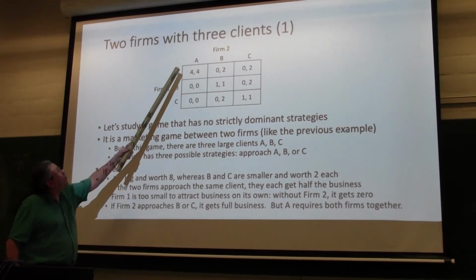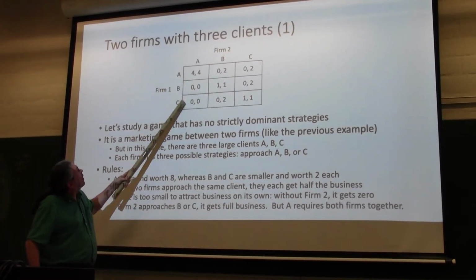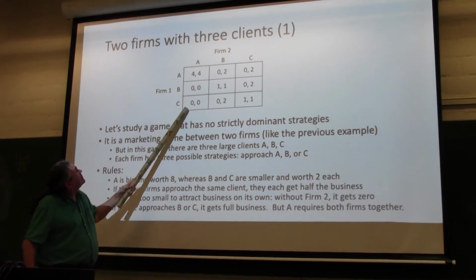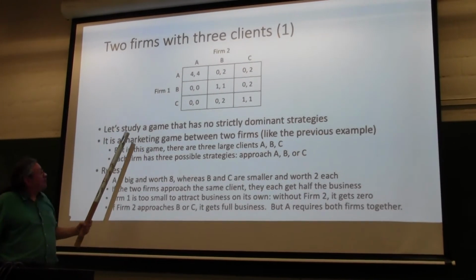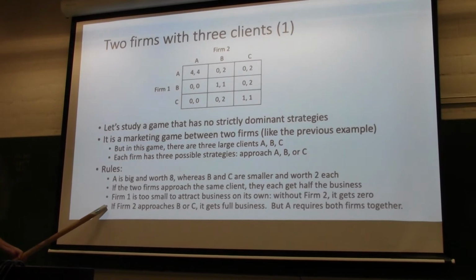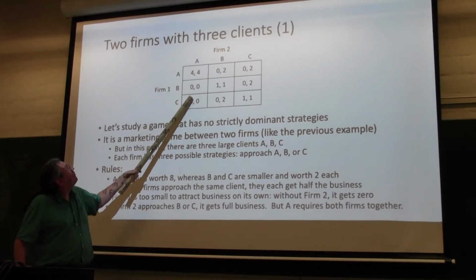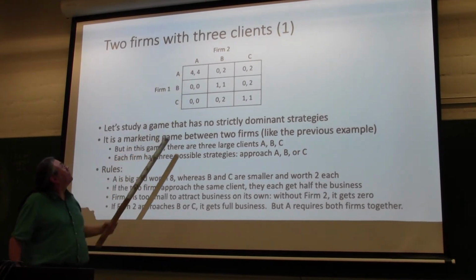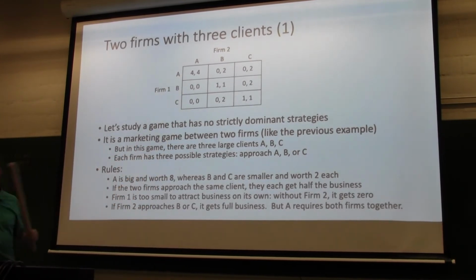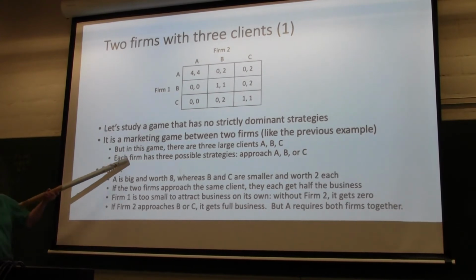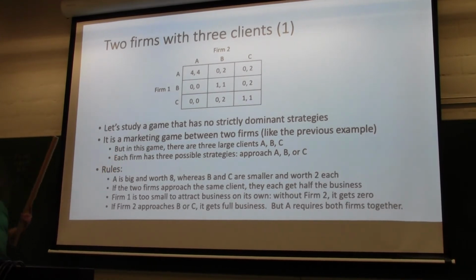If only one firm approaches A without the other one, then it's 0 for both. So firm 2, even though they're very big, can't do A by themselves. They need firm 1 also. So that gives you this kind of funny payoff matrix. In real life, you get these kind of interesting payoff matrices.